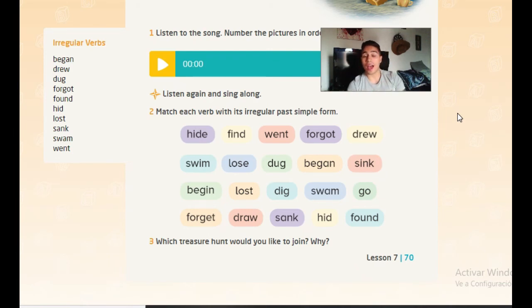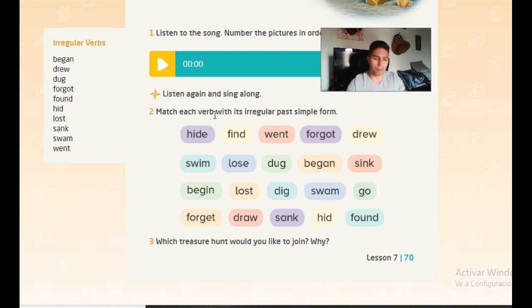So right now that you have finished underlining the verbs, you can play the song one more time if you want to sing it. And when you finish singing the song, you are going to come to this part in your book, and you are going to use the same colors for the verbs. So for example, you are going to match each verb with its regular past simple form.